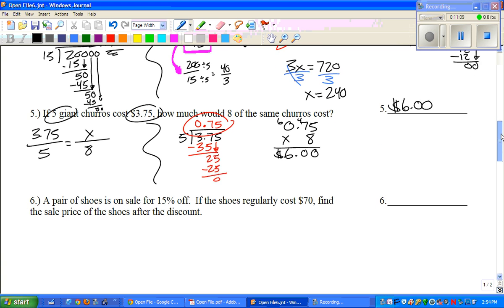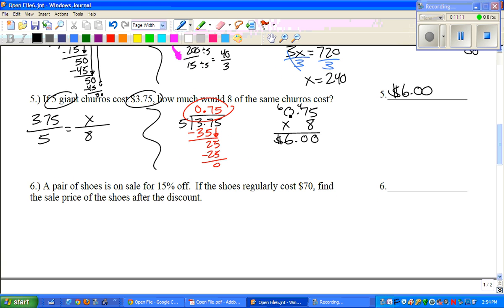All right, and last, number 6. A pair of shoes is 15% off. If the shoes originally cost $70, find the discounted price. So if something's originally 100% and you're taking off 15, you are paying 85%.